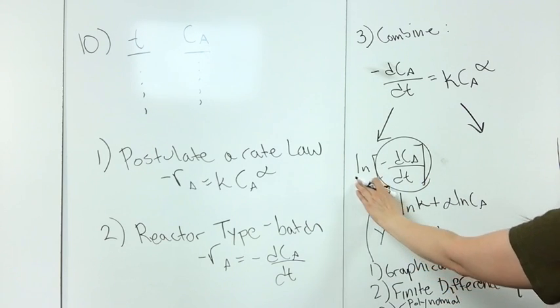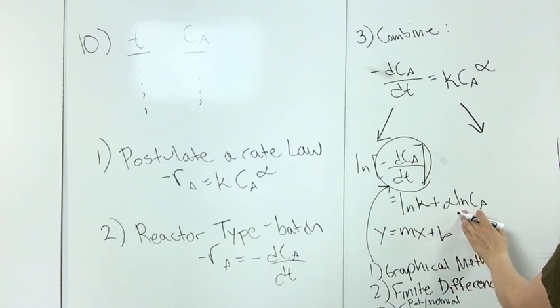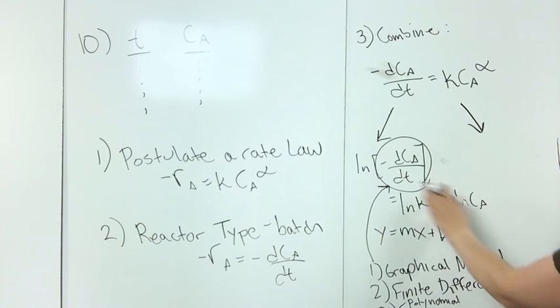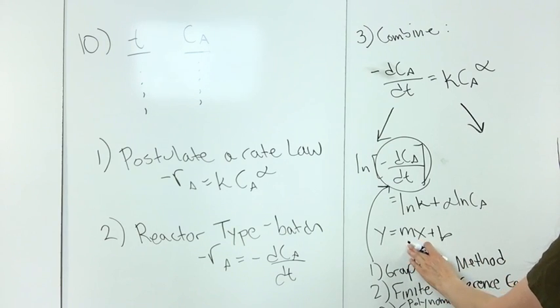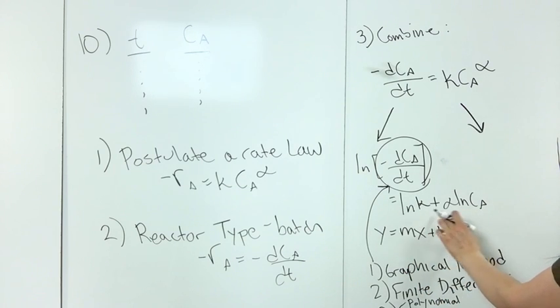You take the natural log of it, take the natural log of Ca, plot ln of dCA/dt versus ln of Ca, do a linear regression, and then you'll get an equation like mx plus b, and then you can calculate k and alpha.